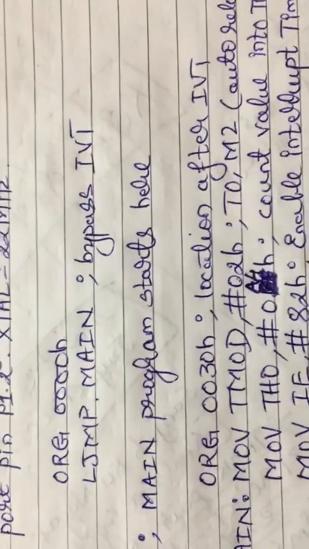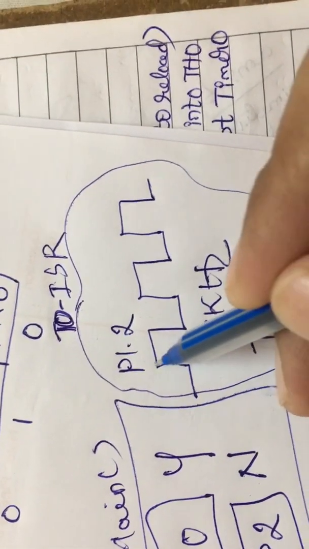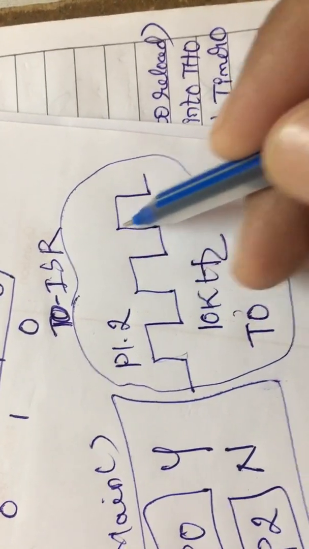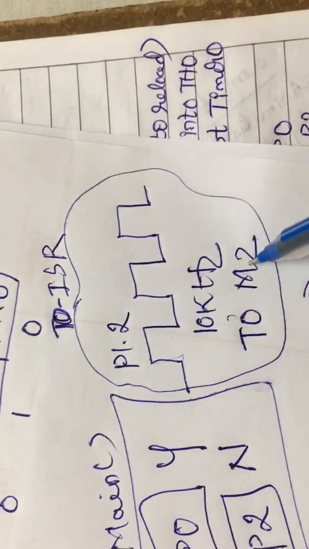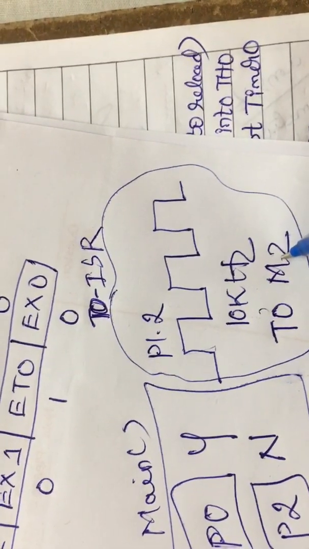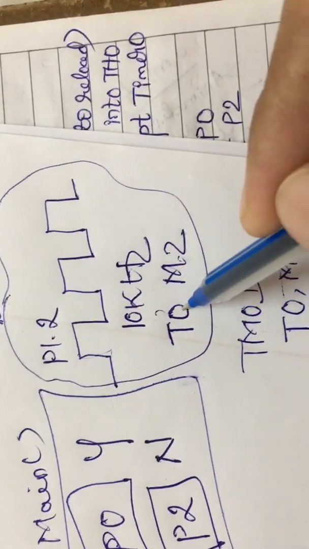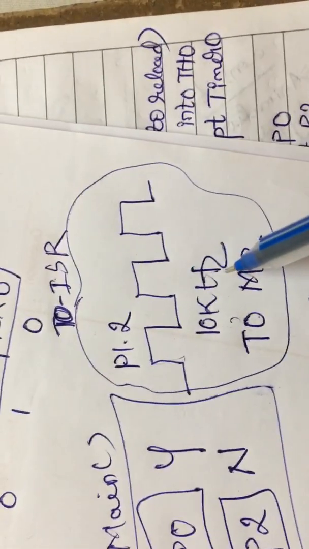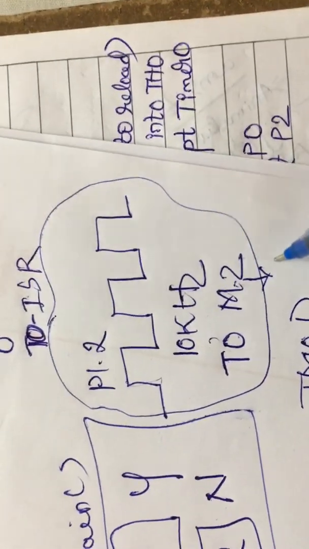Next, the square wave that we need to generate is of how many kilohertz? 10 kilohertz. And in which mode do we need to generate that square wave? In mode 2, right? Already the information about T0 is given in TMOD, but mode 2 is with respect to auto reload.